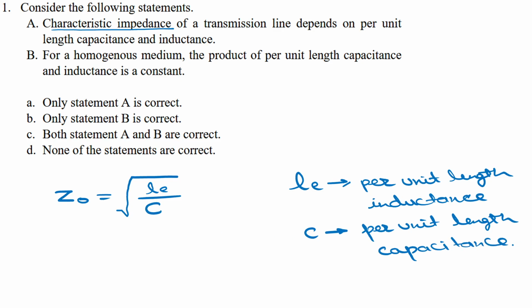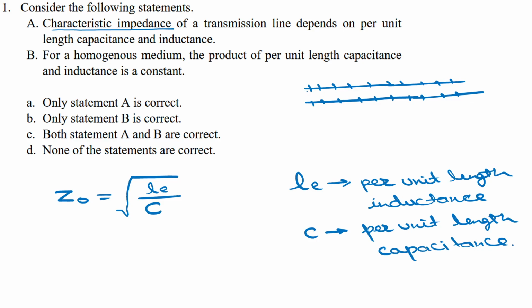In the lectures and also in transmission lines, we have studied that these capacitance and inductance values are not lumped values, they are per unit values, distributed throughout the line. This is done in order to simplify the analysis.